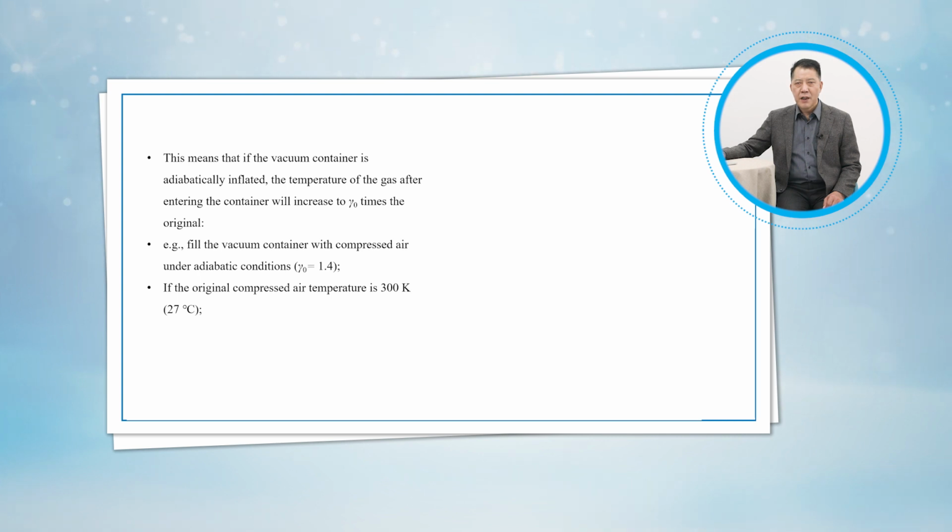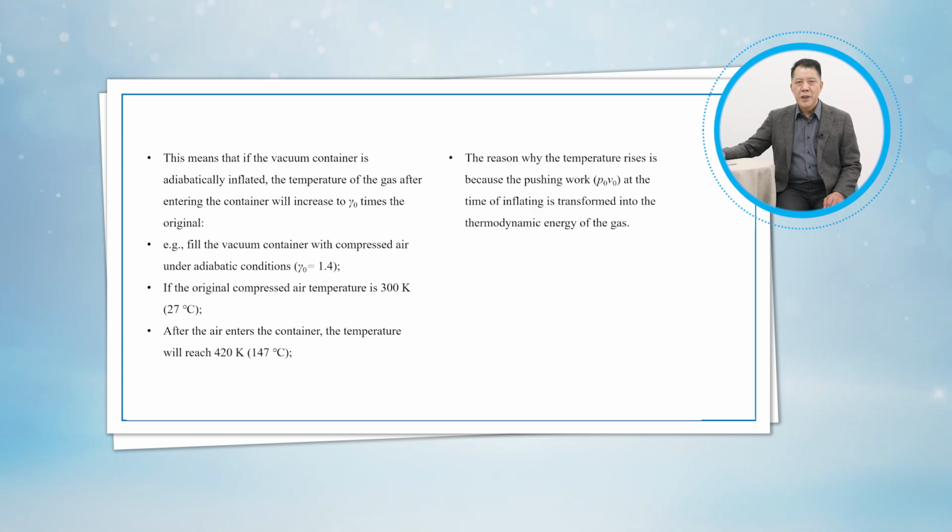If the original compressed air temperature is 300 Kelvin, after the air enters the container, the temperature will reach 420 Kelvin. The reason why the temperature rises is because the pushing work at the time of inflating is transformed into the thermodynamic energy of the gas.